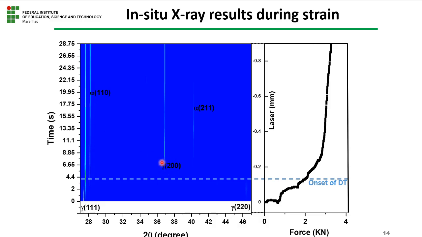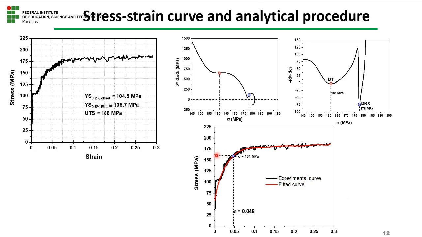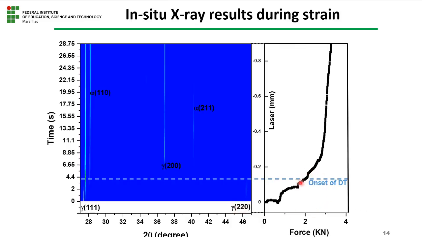And the austenite continues here, and here we have another plane of ferrite that appeared. It means that up to a certain point of strain, we had only austenite over here and over here. As the strain increases, starting at that point, ferrite is formed due to strain. And here is considered the onset of dynamic transformation. As you can see in the previous slide, this is the onset, and it was exactly very close to this point.